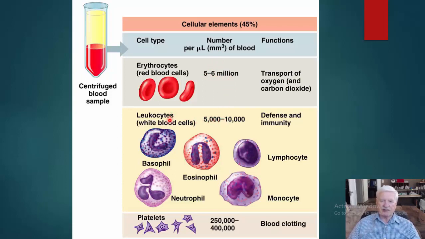The white blood cells, or leukocytes, come in two types. The granulocytes, which have granules in the cytoplasm, and the agranulocytes, which have a smoother cytoplasm. If we look at the granular leukocytes, we have three types: the neutrophils, the basophils, and the eosinophils.